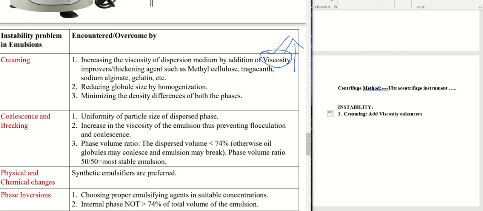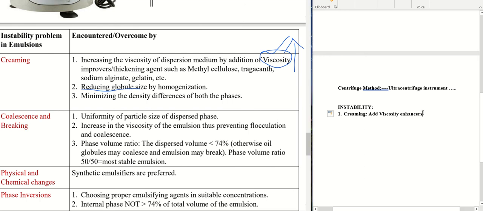And in such category fall methyl cellulose, tragacanth, sodium alginate, gelatin. These are majorly used to improve the viscous nature of the formulation. And again, we need to decrease the globule size.